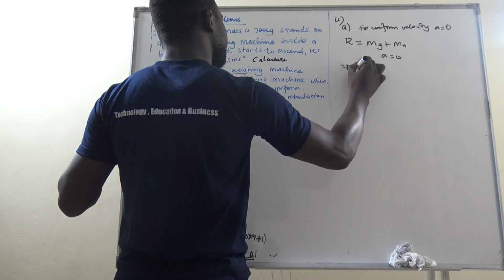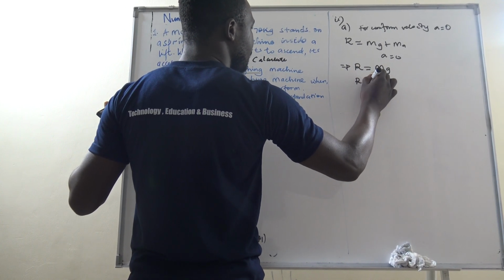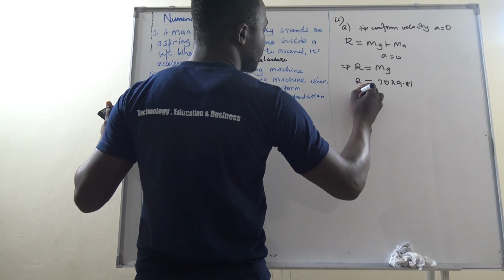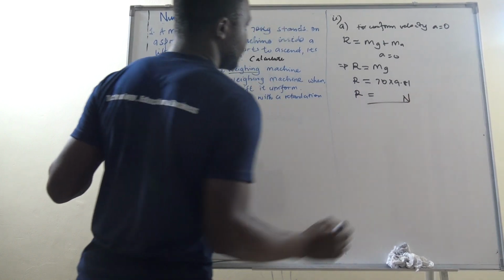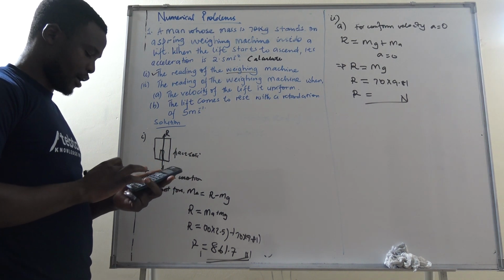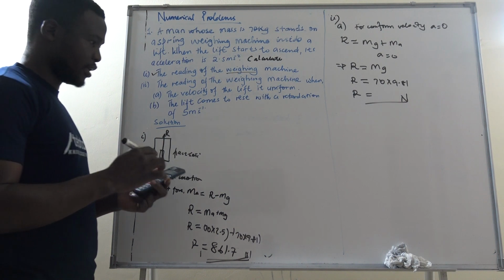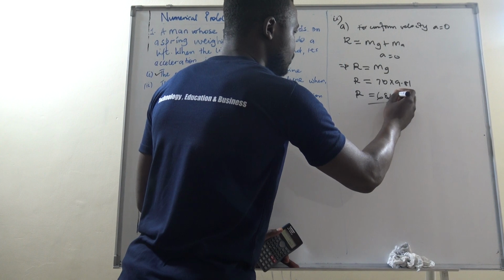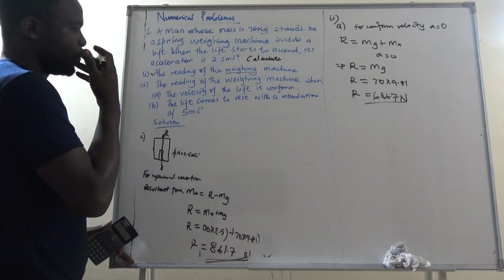This implies that the reading on the lift is the actual weight of the man. So this will be 70 times 9.81. This gives me 686.7 newtons. That will be the reading of the machine.